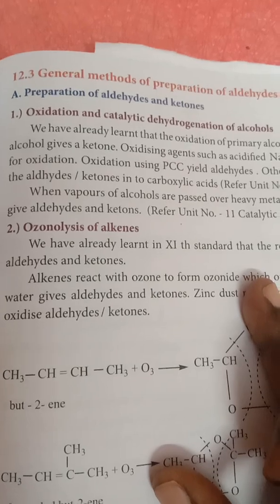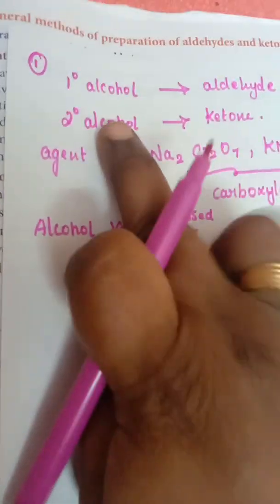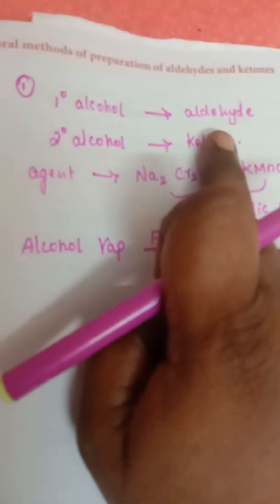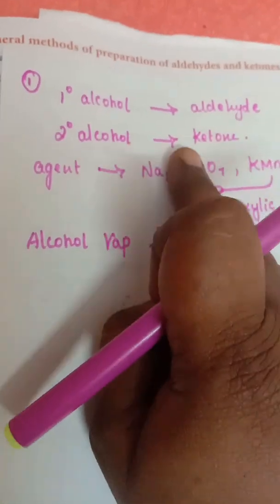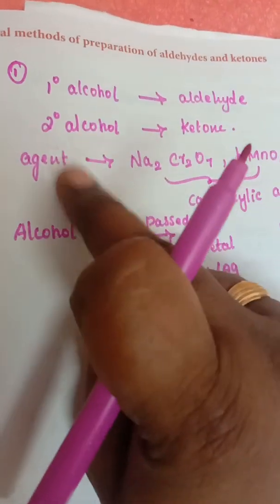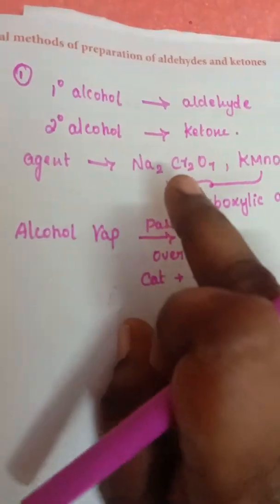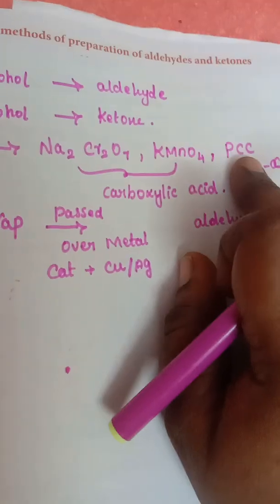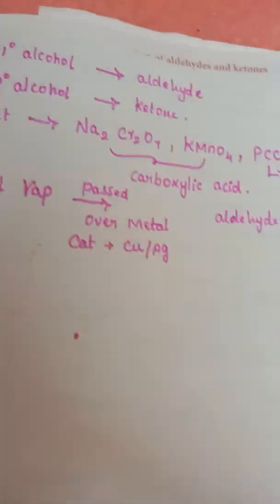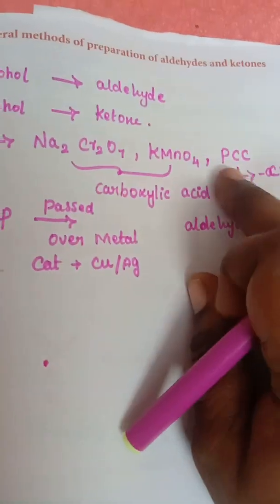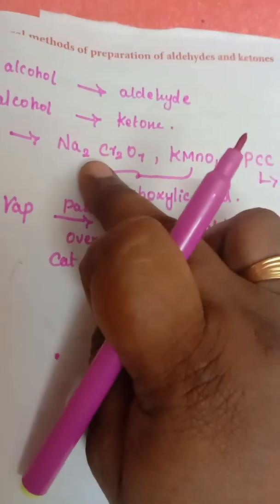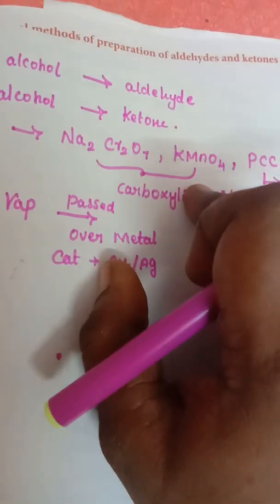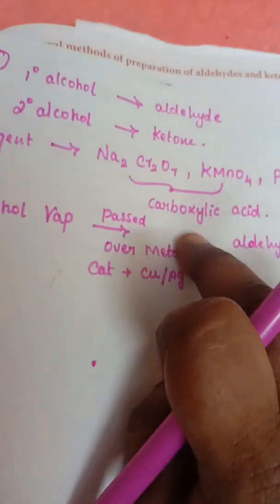First, you must know that primary alcohols, when oxidized, give aldehydes. Secondary alcohols, when oxidized, give ketones. In the presence of oxidizing agents like sodium chromate crystals or potassium permanganate, the primary and secondary alcohols give carboxylic acid.